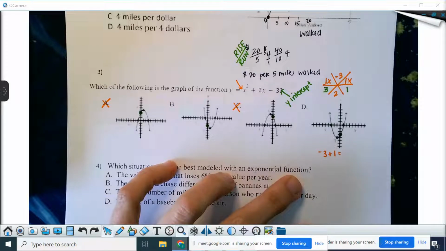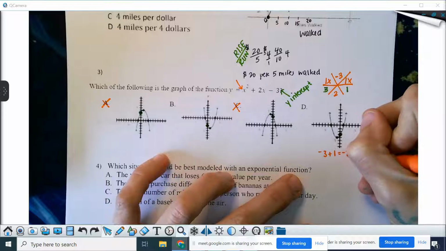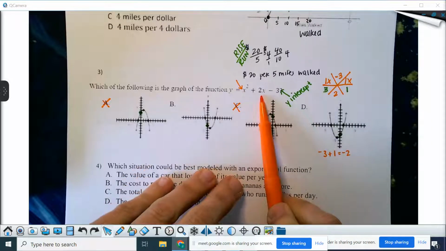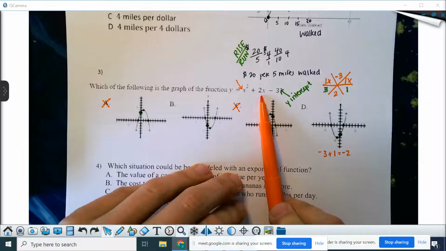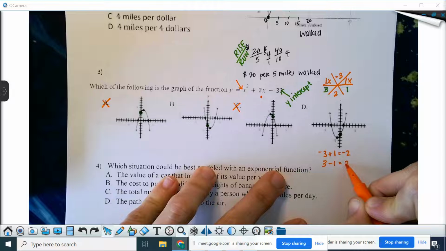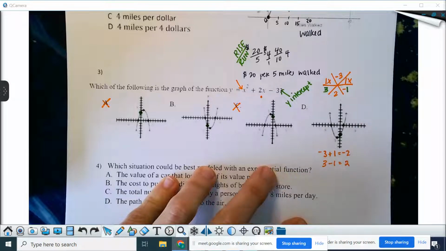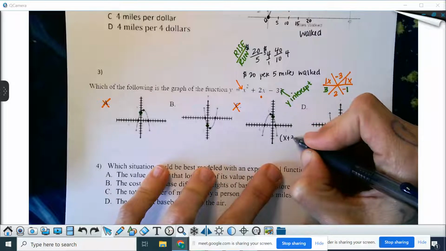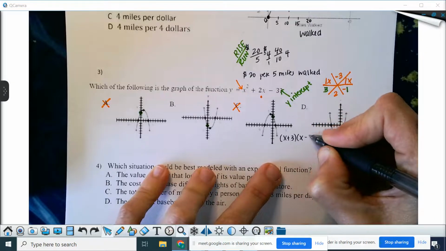I owe you $3 and I give you a negative 2. What do I actually want? Positive, right? Yep. So we're going to do 3 minus 1 gives us that positive 2. So we're going to make the 1 negative. So that means our factors are x plus 3, x minus 1.